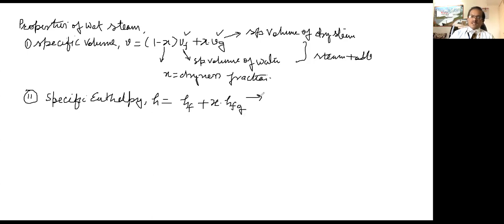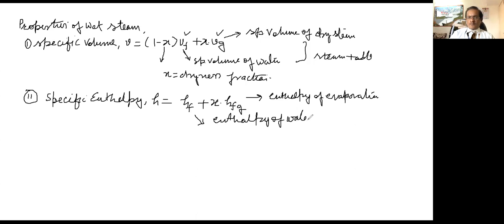Here hfg is the enthalpy of evaporation, and hf is the enthalpy of water. These can also be read from the steam table.